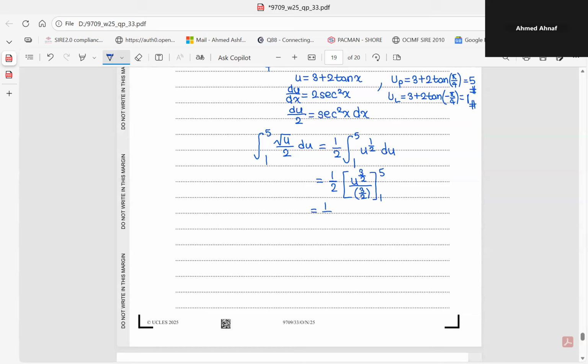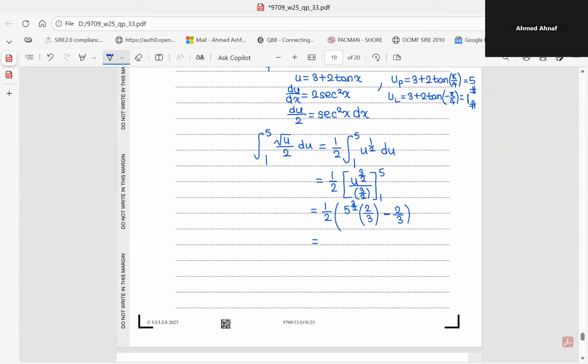And this would be half times 5 to the power of 3 over 2 times 2 over 3 minus 1 to the power of 3 over 2, which is just 1. So 1 divided by 3 over 2, you just get 2 over 3.